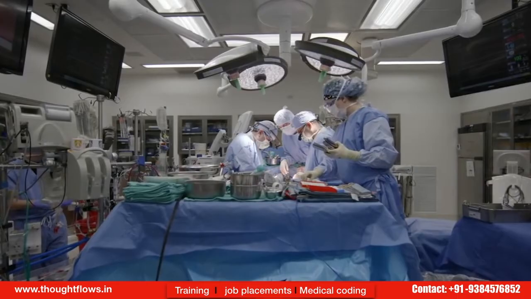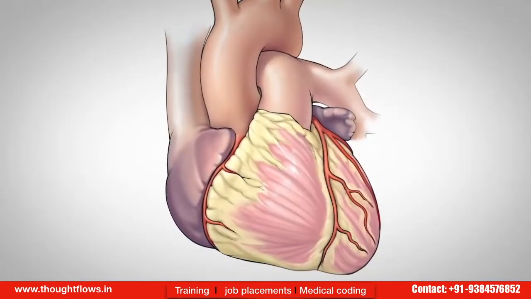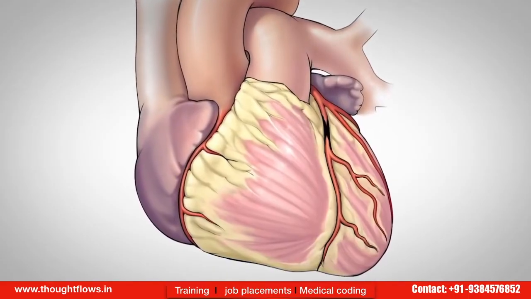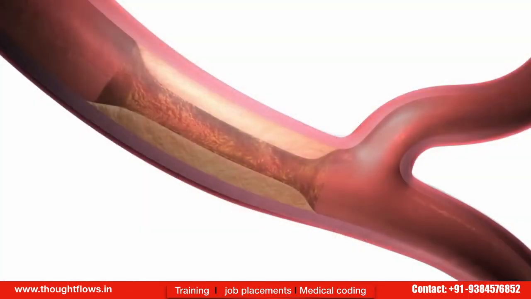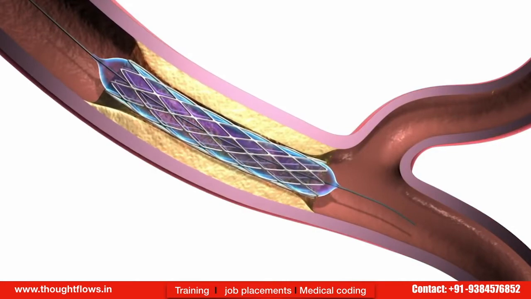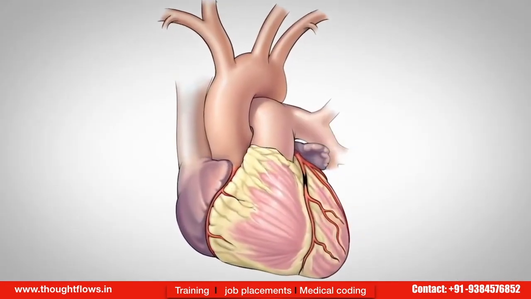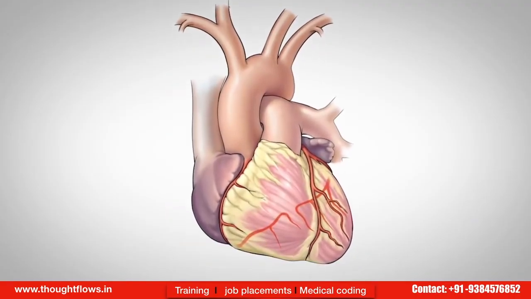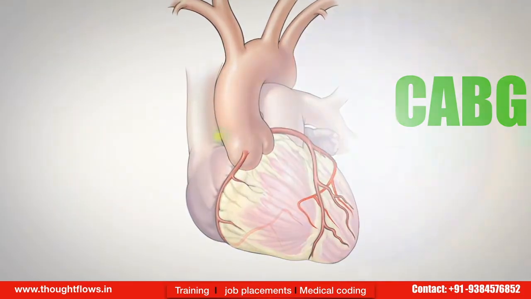When blockages form in the coronary arteries, surgeons will go for different types of therapies. In that, stent placement is one that helps in widening the artery or removal of plaque. If this is not successful, the surgeons will go for coronary artery bypass graft.